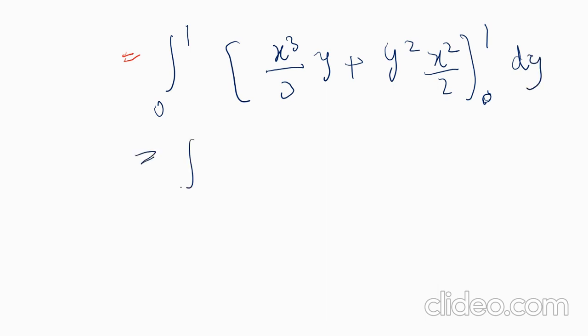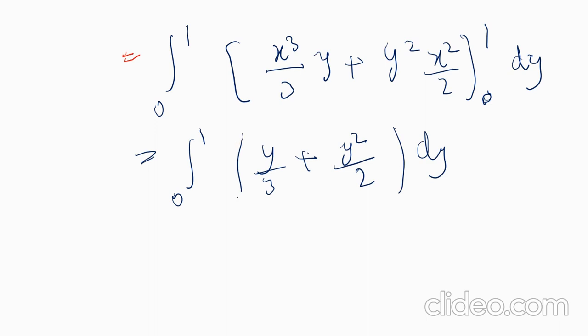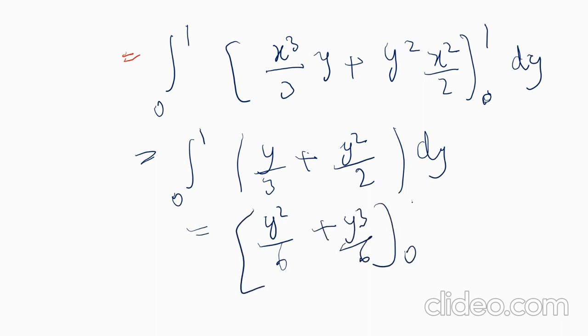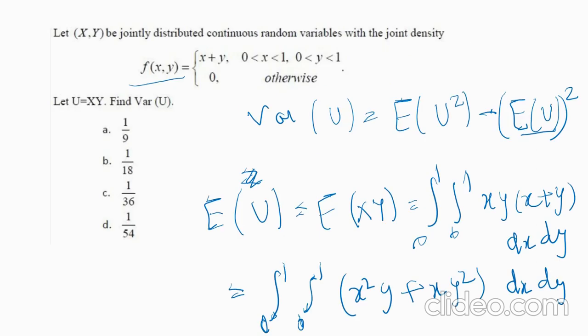What remains is 0 to 1 of y upon 3 plus y square upon 2 dy. So it will be y square upon 6 plus y cube upon 6, 0 to 1. So it will be 1 by 6 plus 1 by 6, which is 1 by 3.